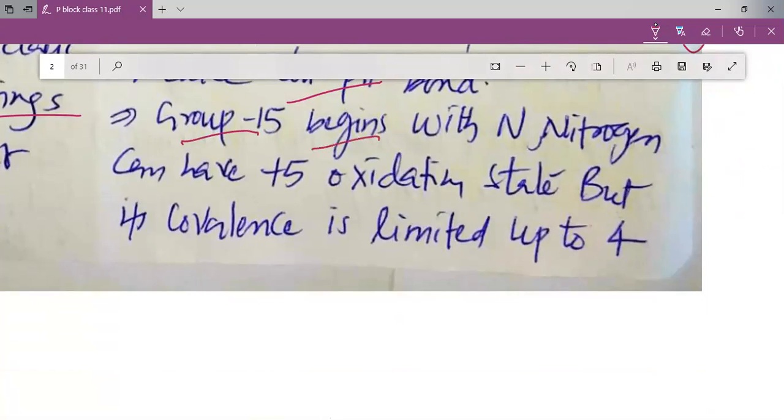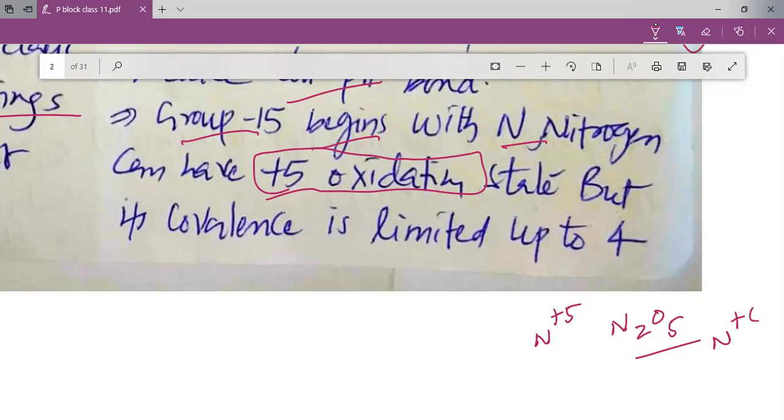Group 15 begins with nitrogen, which can show a +5 oxidation state. Please remember this interesting thing. You can see the compound of nitrogen, N2O5. In this N2O5, nitrogen shows a +5 oxidation state.